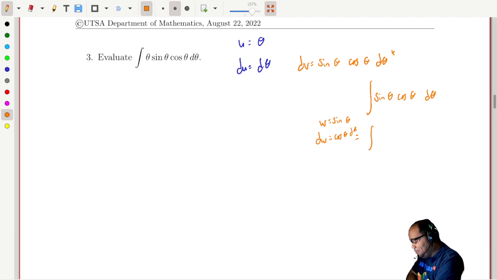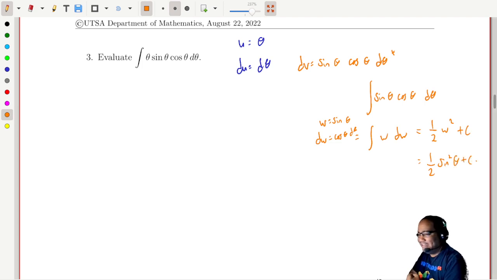Now take a look at what I got here. This is just 1/2 w squared plus a constant. It's just 1/2 sine squared theta. One way to approach it. So v here will be 1/2 sine squared theta.